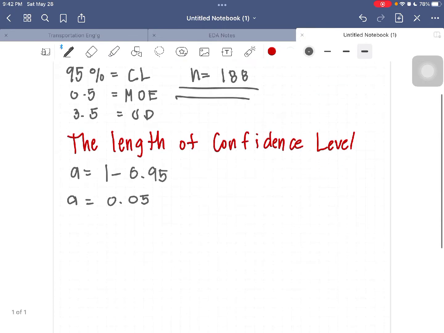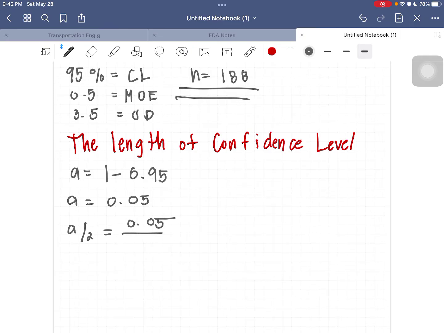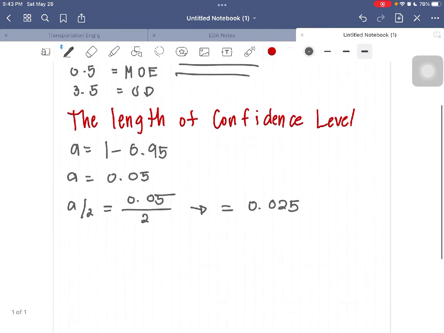The next thing we need to do is to divide it by 2. So, A over 2. So, ang A natin ay 0.05 over 2. At kapag napag-divide nyo na yan, ang kalalabasan ay 0.025. And after that, ang value ng ating A over 2 ay ima-minus natin sa 0.500.